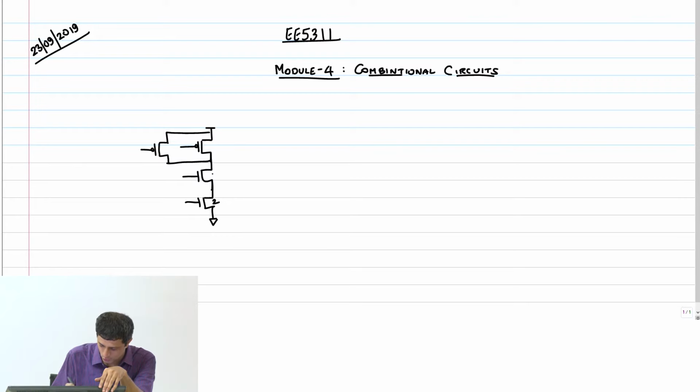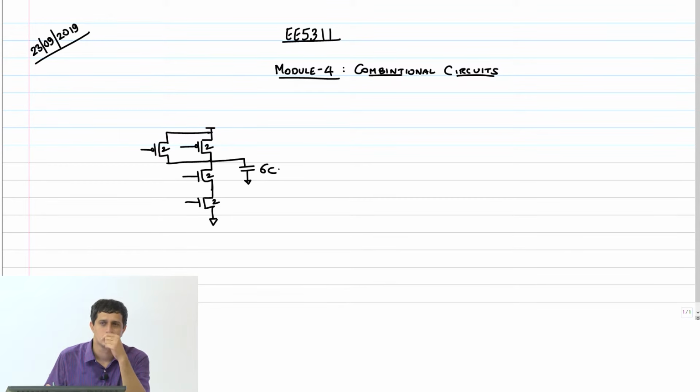right, size 2, 2, 2 and 2, right, then the net capacitance here would be 6C, 2C coming from each of the two PMOSes, right, and one 2C coming from the NMOS on top.